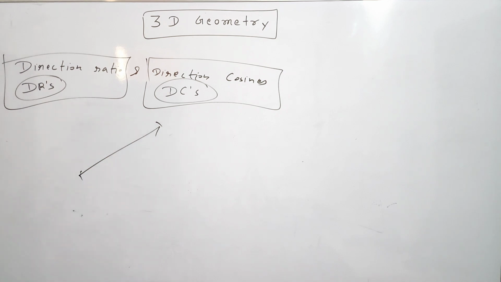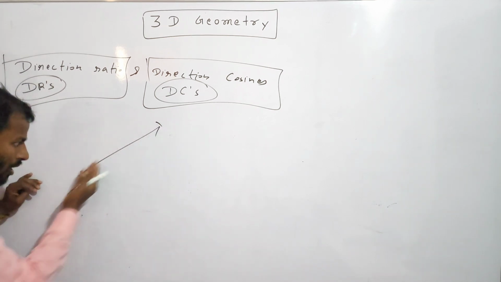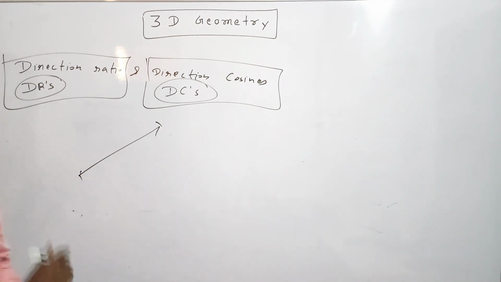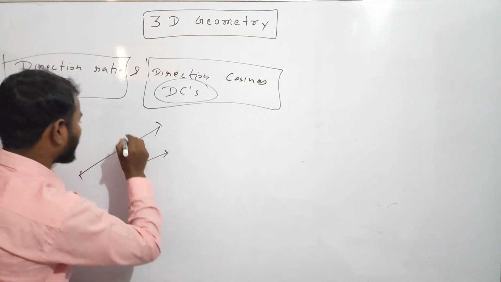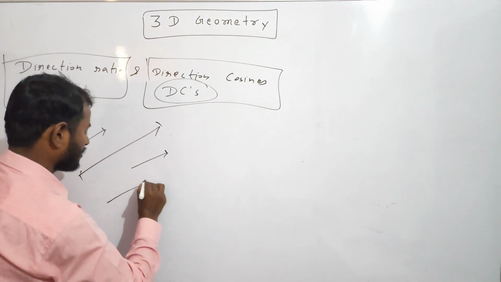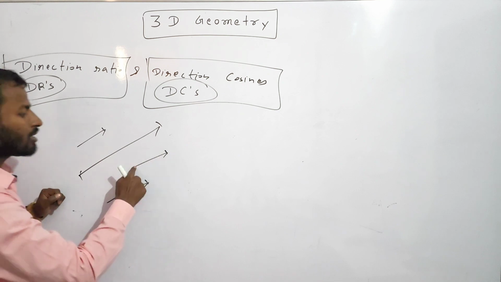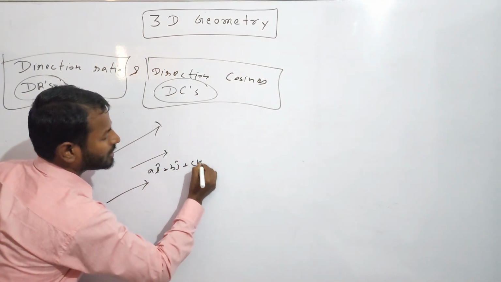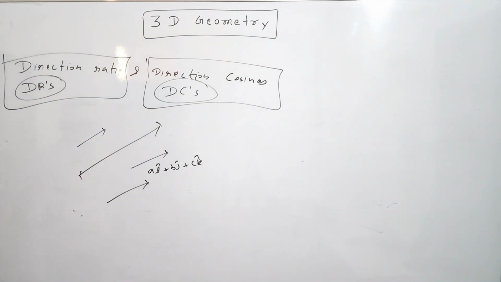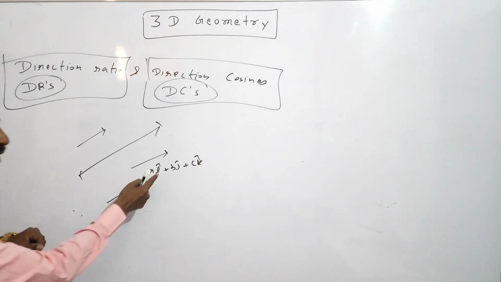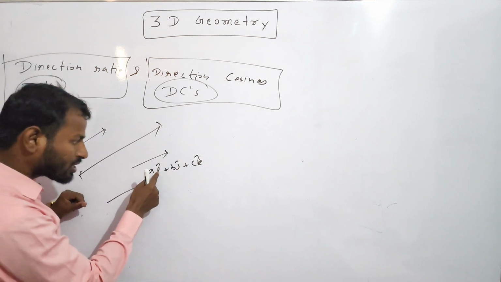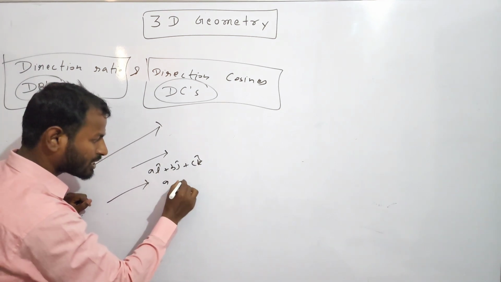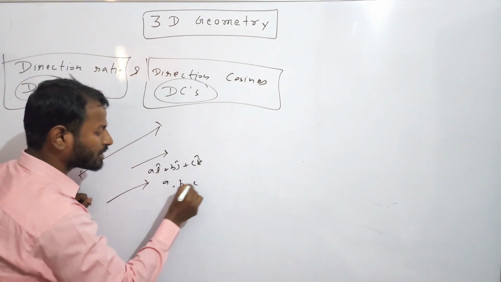We have a line. So if we take any vector parallel to this line, any vector, let's say this vector is a i cap plus b j cap plus c k cap. So, the coefficient of i cap is a, the coefficient of j cap is b, and of k cap is c.